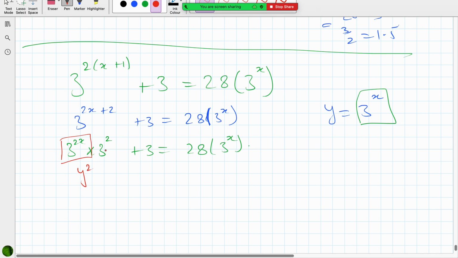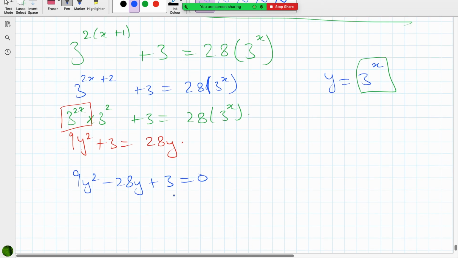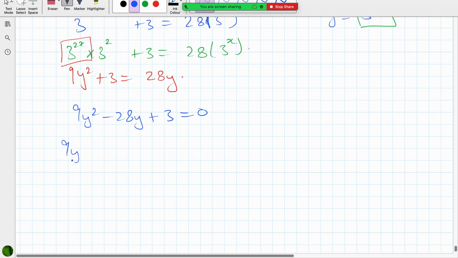So this is y square and 3 square is 9. So 9y square plus 3 is equal to 28y. Now this is a smooth quadratic equation. Clear? Let's complete it.